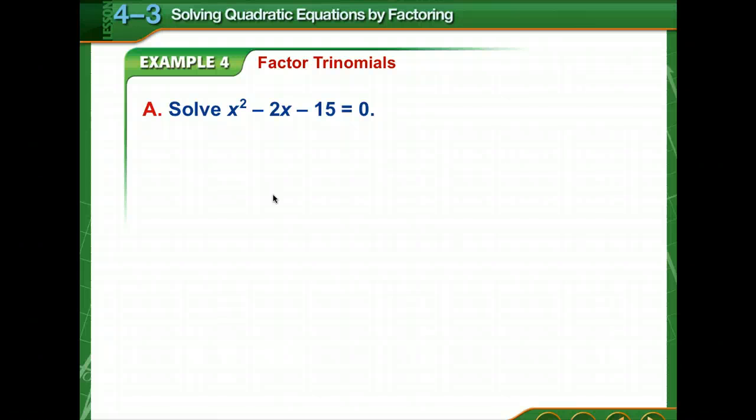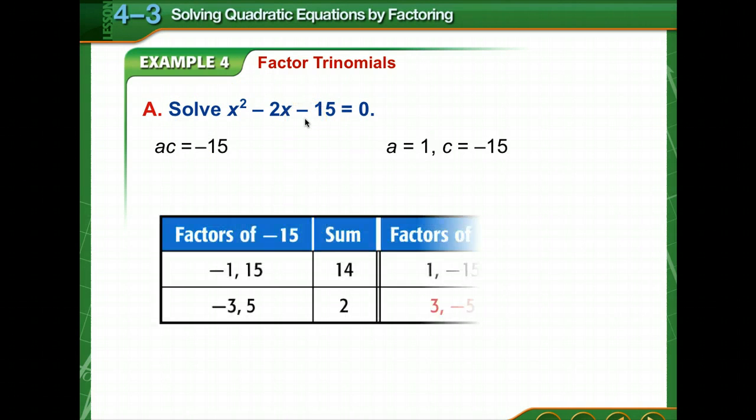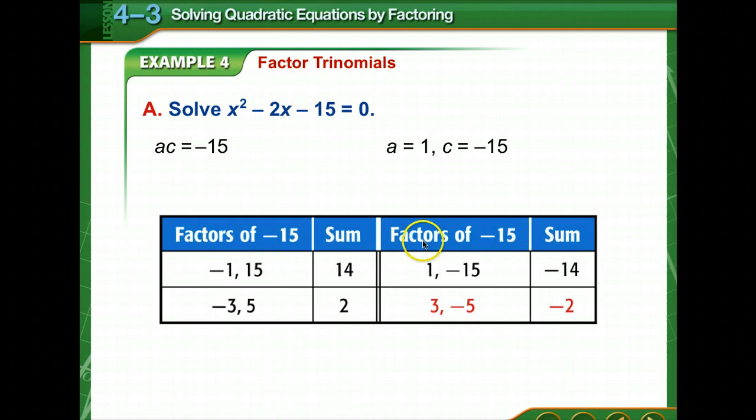You just remember the AC method. A is 1, C is negative 15. So together they're negative 15. We're finding factors of negative 15 that are going to add up to be negative 2. And we found a positive 3 and a negative 5. This negative in front of the 15 means the signs are going to be different, and the larger one will be negative.